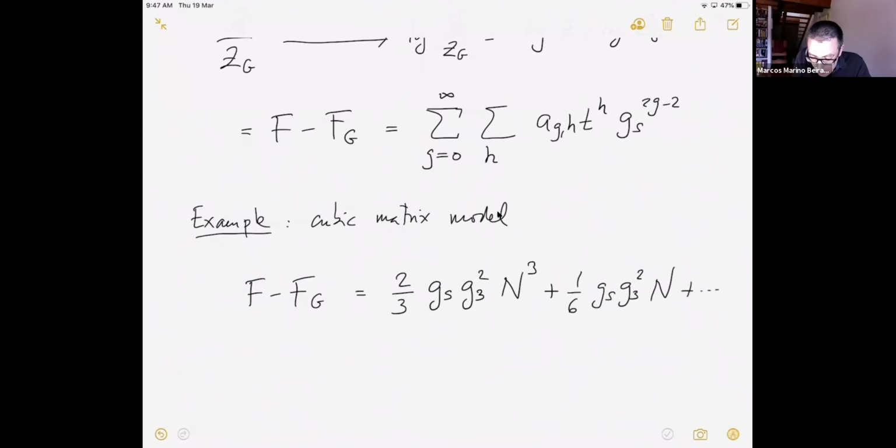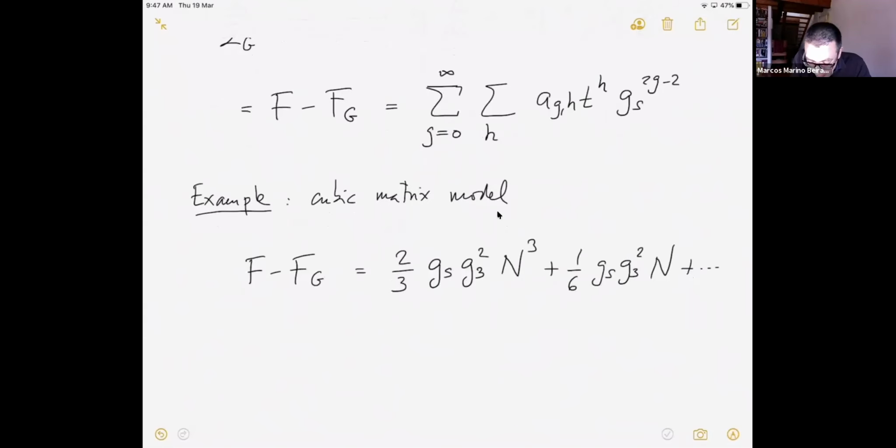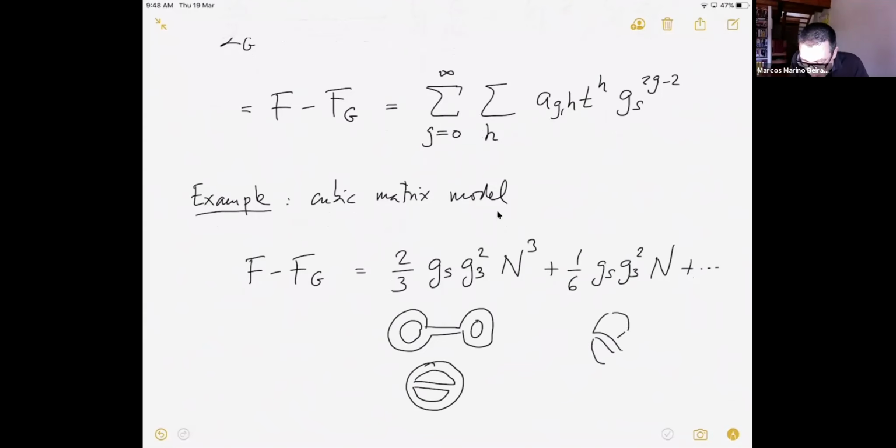Actually, let me tell you what each thing is coming from. This is the sum of this diagram and this diagram. The contribution of these two diagrams. And this is the contribution of this twisted diagram.